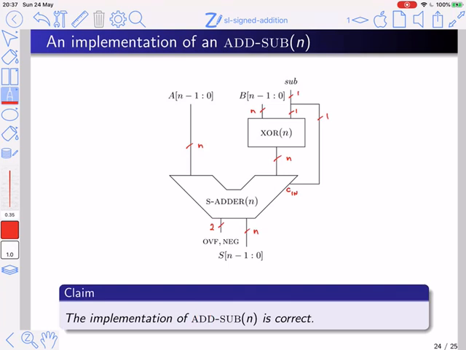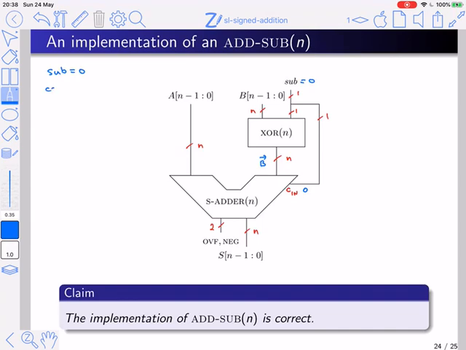And our claim is that this circuit is a correct implementation of an adder subtractor. Let us consider two cases. The first case is the case in which the subtract is 0. If the subtract is 0, then we're inputting a 0 here, and by doing a bitwise XOR with a 0, the output here equals B, and we're simply doing A plus B plus 0 in our addition, and in fact, by the correctness of the signed adder, we get the right result.